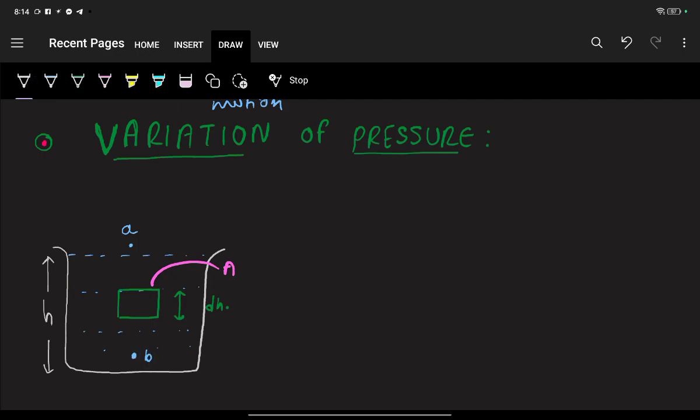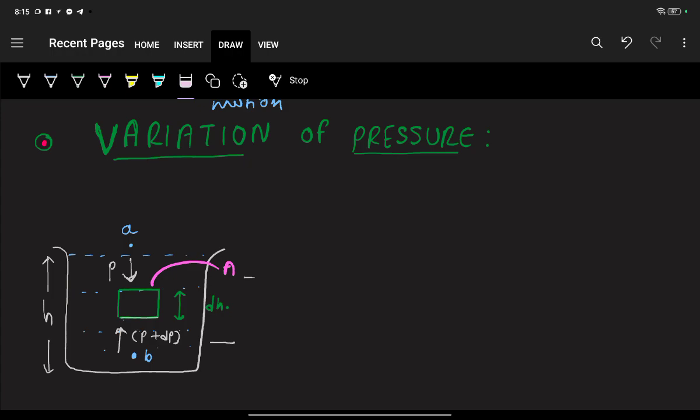Let's say pressure P is acting on this upper surface. So on this bottom surface, the pressure would be P plus dP. As you know, as you go deeper, pressure increases. That's why here the pressure is P plus dP, and here the pressure is P.